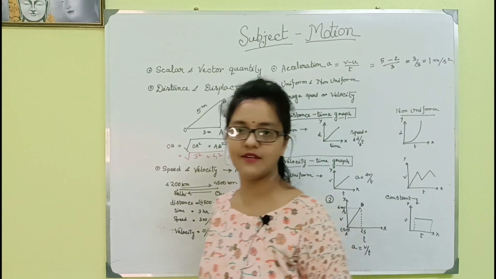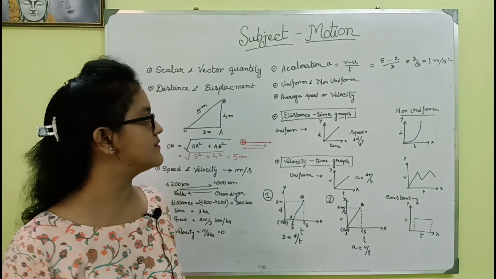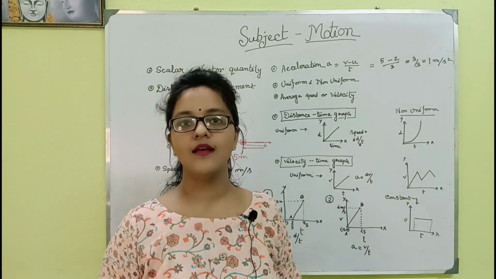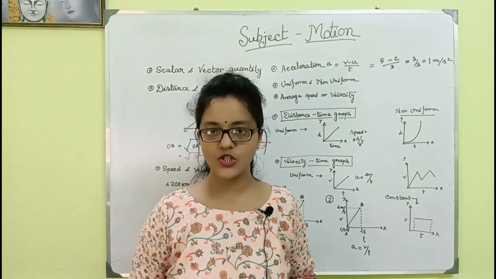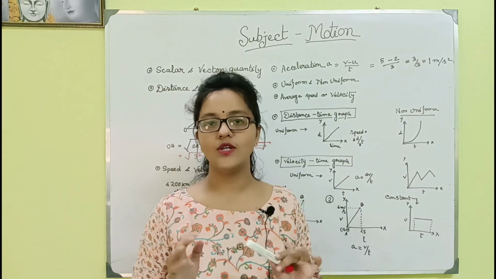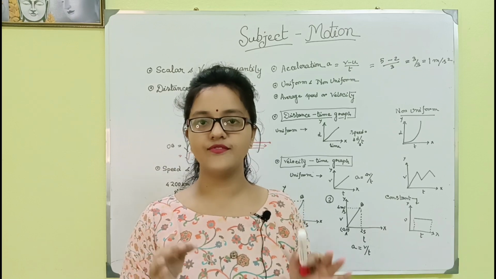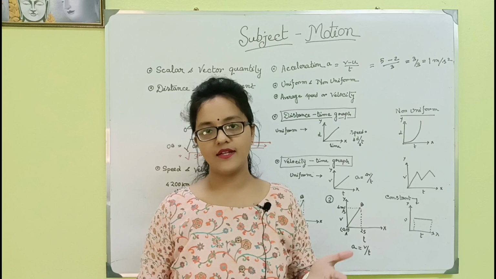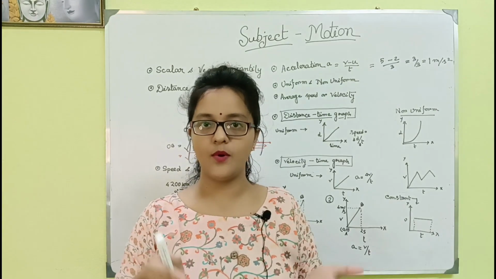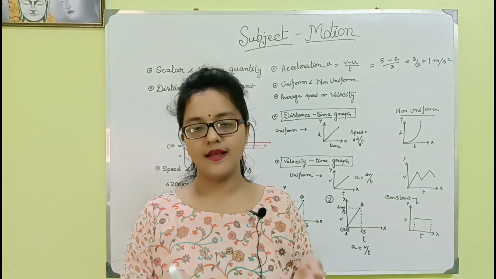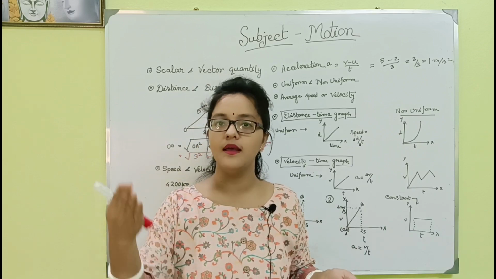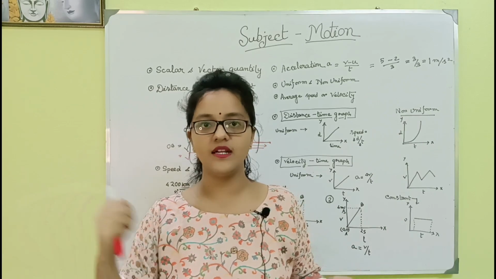Now I am shifting my discussion to the next point, which is acceleration. Acceleration is the rate of change in velocity, the ratio of change in velocity to the time. There can be an initial velocity when the body starts its journey, and when it covers the journey, there can be a final velocity.